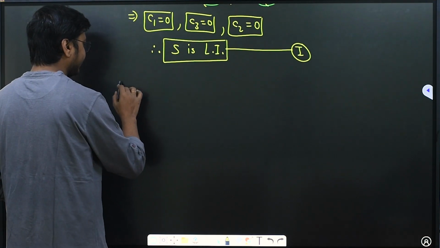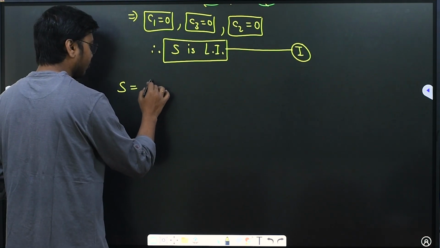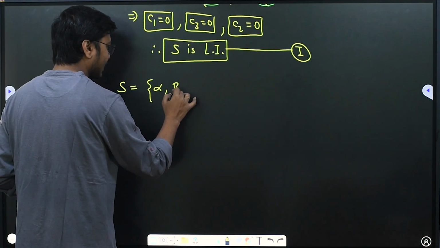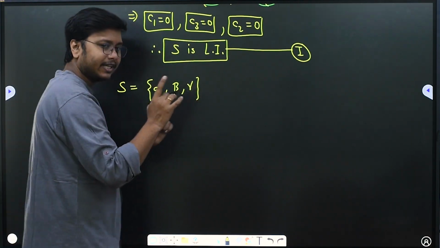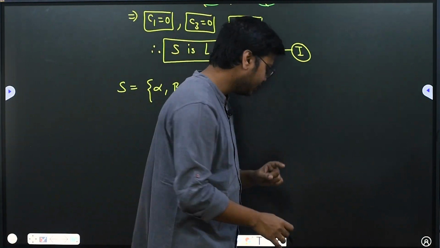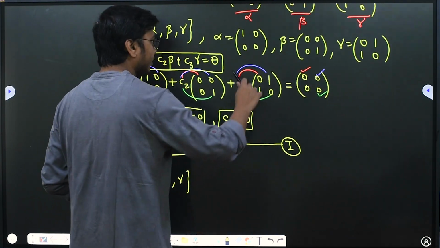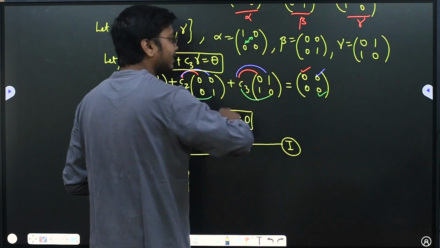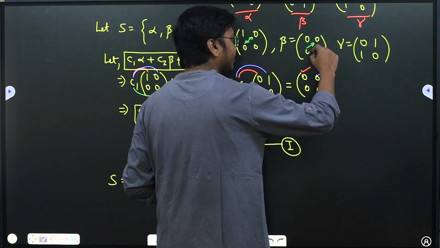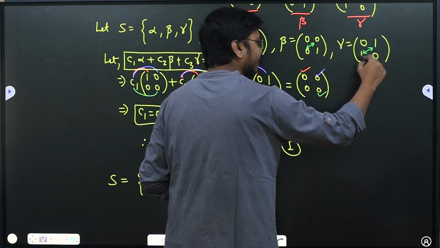So again, proceeding in that same way like we have done before, S contains the elements alpha, beta, gamma, and if you check each of the elements alpha, beta, gamma, each of those matrices are definitely symmetric matrices, right? Because the cross diagonal elements are the same.